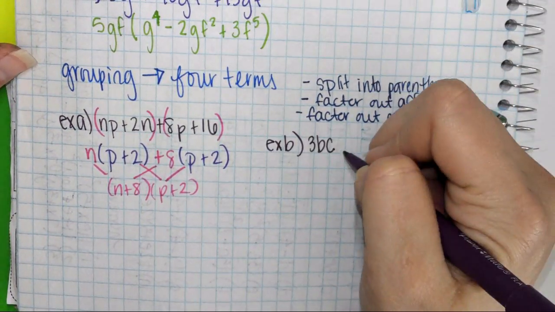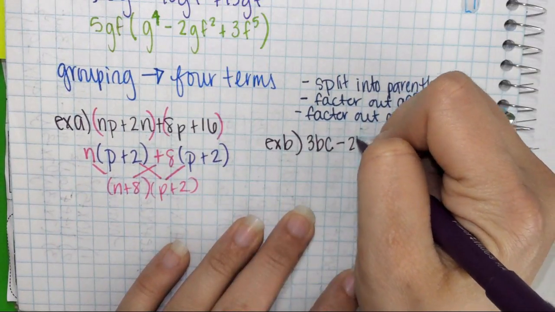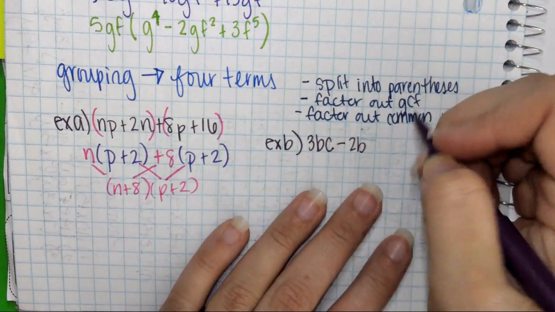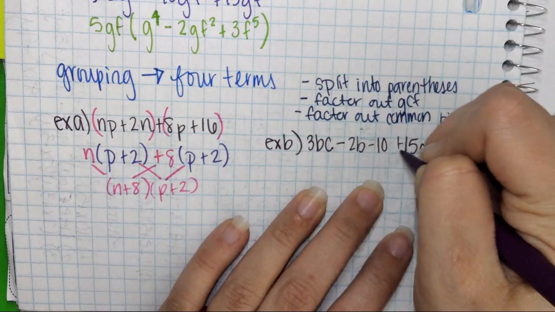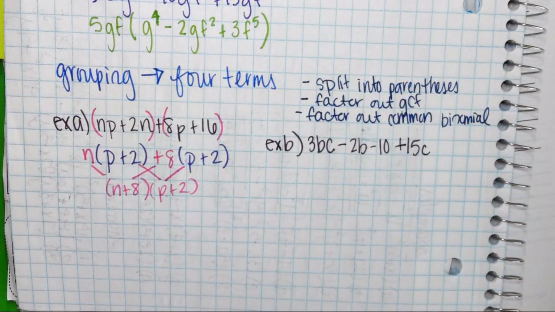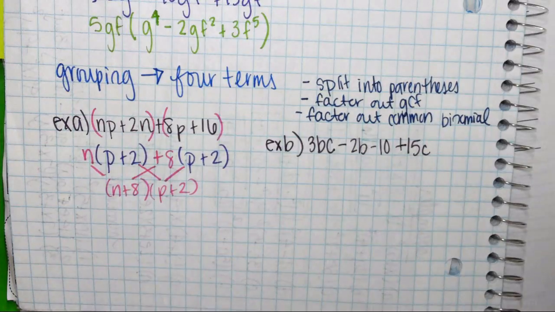3BC minus 2B minus 10 plus 15C. Now, how many terms do we have? 4. So we're going to use parentheses called grouping.